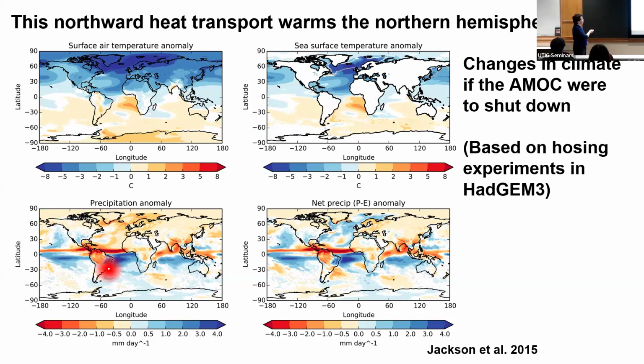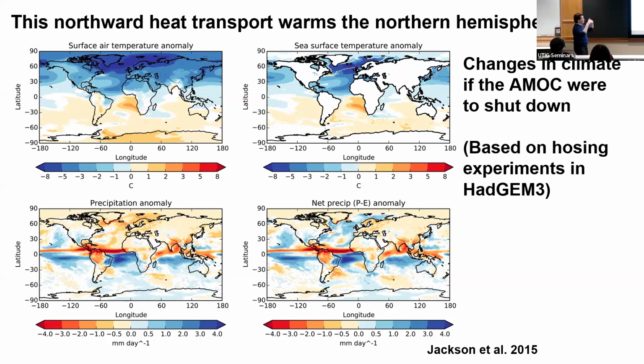We would also have a change in precipitation near the equator, because the location of the intertropical convergence zone, this region of high precipitation, is set by the heat transport by the ocean. So if you reduce the northward heat transport by the ocean, that whole band of precipitation moves, and that's why you get these huge precipitation anomalies when you shut down the AMOC.